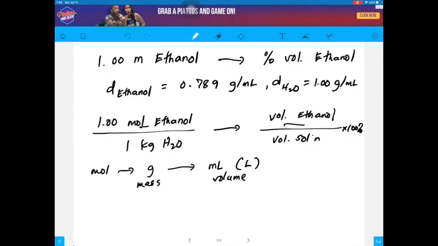How do you do that? First, in order to convert moles to mass, we need the molar mass. And in order to convert mass to volume, we need the density. What is the molar mass of ethanol then? The molar mass of ethanol is 46.07 grams per mole.